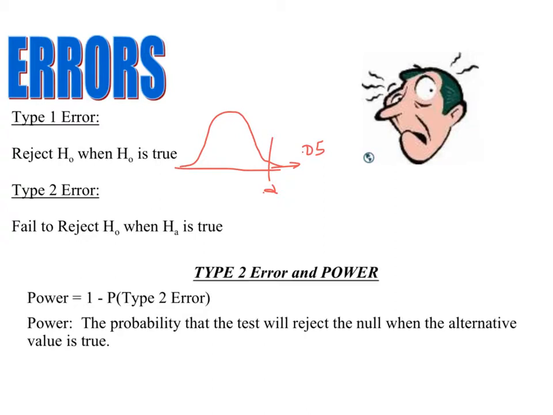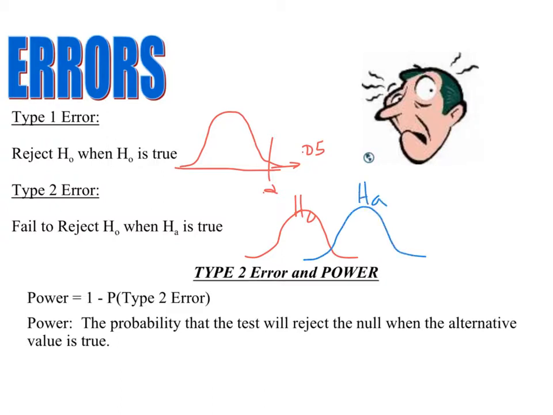The type 2 error is a little bit harder to think about. It's when we don't reject the null, but in fact the alternative is true. I'm going to show you some pictures of this in a moment, but very simply, I'm going to draw two curves. I'm going to call one the null curve. Here's the null. And I'm going to call the other the alternative curve. Here's the alternative.